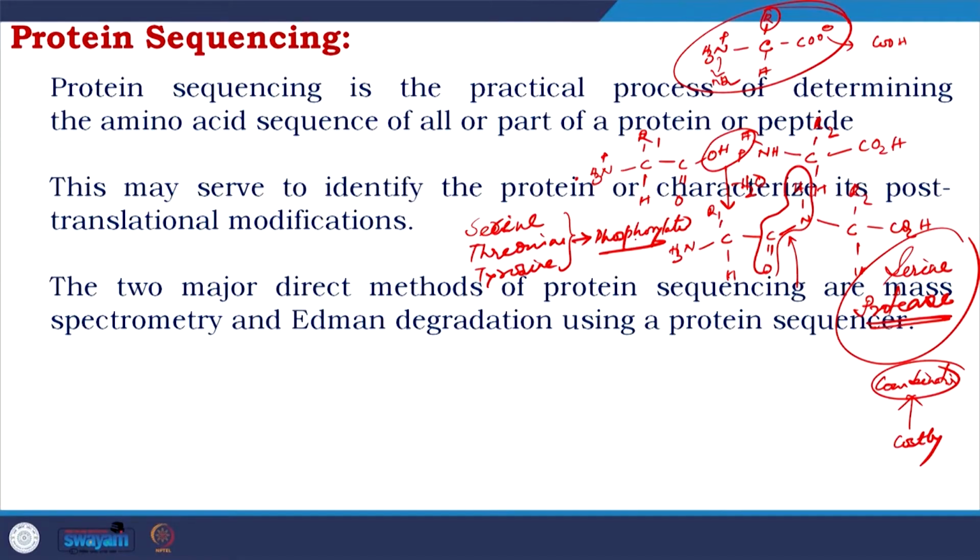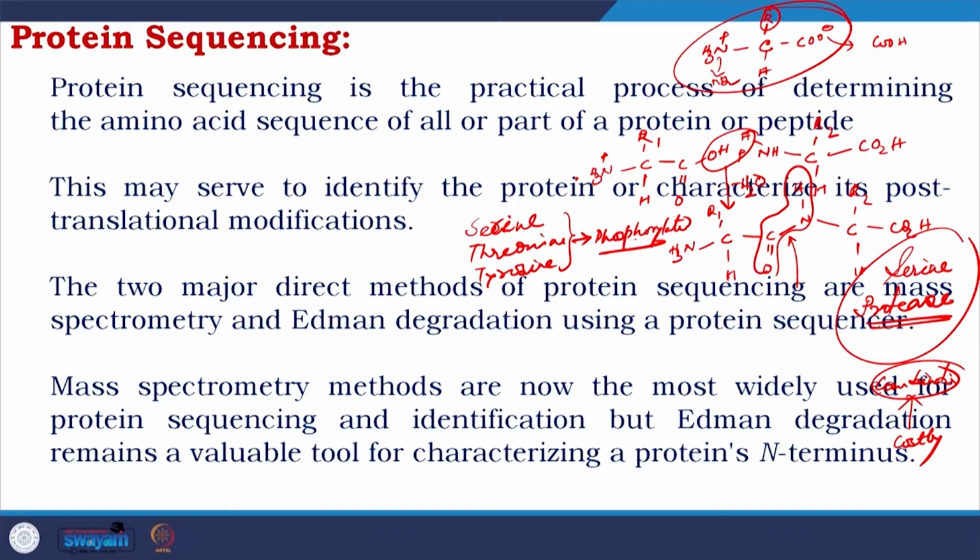The two major direct methods of protein sequencing are mass spectrometry and Edman degradation. By the way, mass spectrometry is a field which has progressed a lot in recent times. I talked about the difficulty of carbohydrate and lipid, but using mass spectrometry and high resolution NMR, it is possible to identify them individually. We will talk about that.